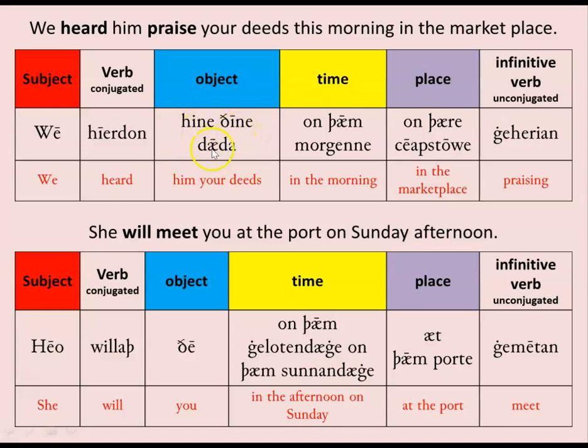Him, your deeds, thina dada, on tham marchana is the time, in the morning, on thare cheapsatoa, in the marketplace. Now, on is a preposition here, so we're talking about a location, so we're choosing the dative here. So thare cheapsatoa.